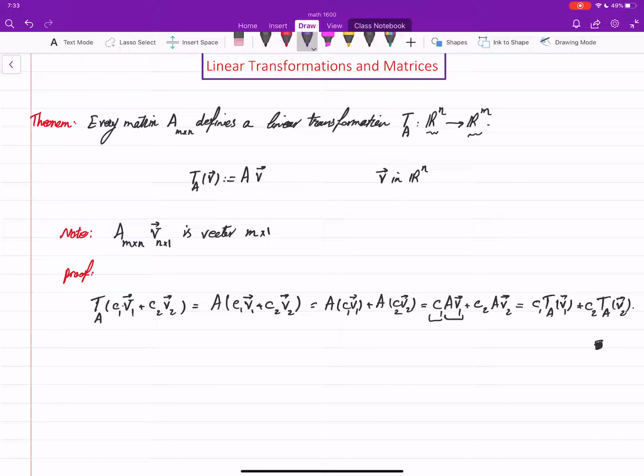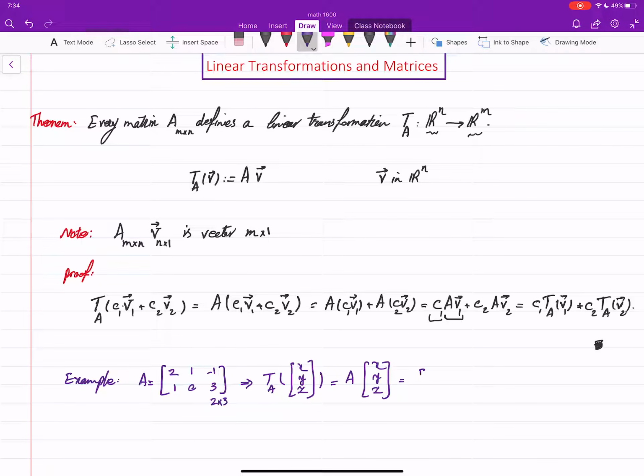For example, if A is the matrix with rows 2, 1, negative 1 and 1, 0, 3, then TA is 2 by 3, so it will go from R3. You get a vector x, y, z, and the resulting vector is going to be A times x, y, z.